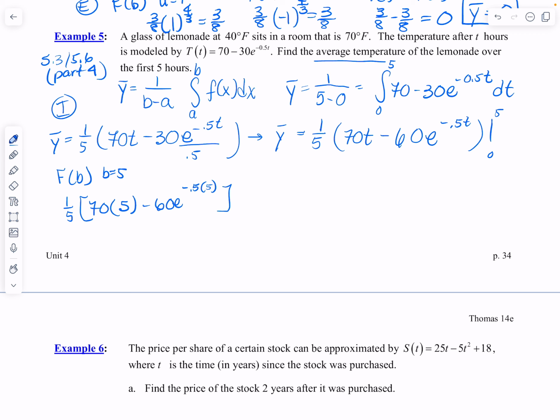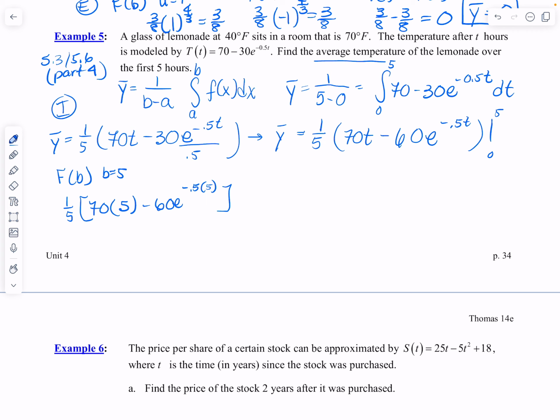What I'm going to do is put this in my calculator. 1/5 is 0.2. So 0.2 times, inside parentheses, 70 times 5, which is 350, minus 60e raised to the negative 2.5.